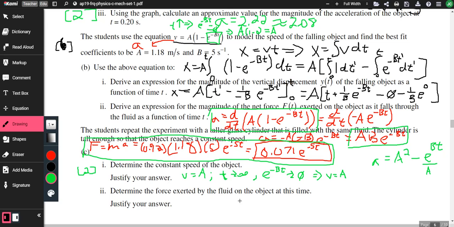So they want the force exerted by the fluid. Honestly, I guess you could probably get around. No, I don't think you would be able to use this equation. I was trying to see if there was a calculus version way of doing this.